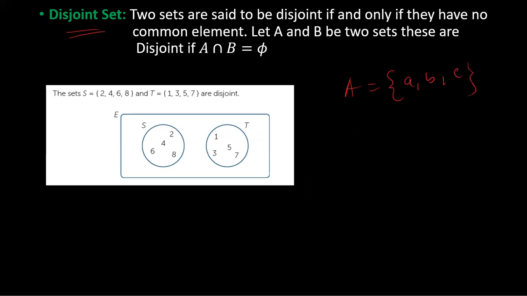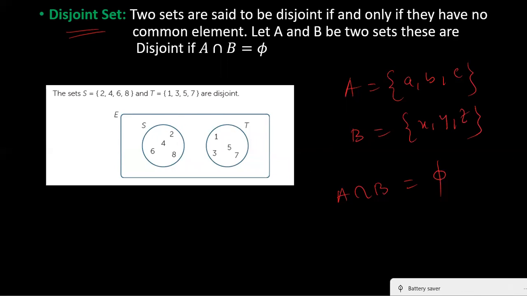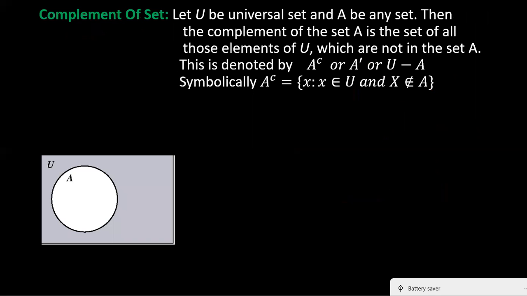A, B, C, let's say one set, and another set is X, Y, Z. So these two sets are disjoint because they do not have any common elements. So the intersection will be the null set. Then we can say two sets are disjoint. Clear?